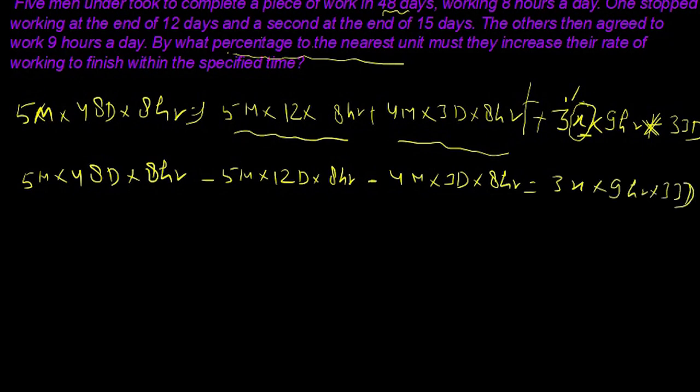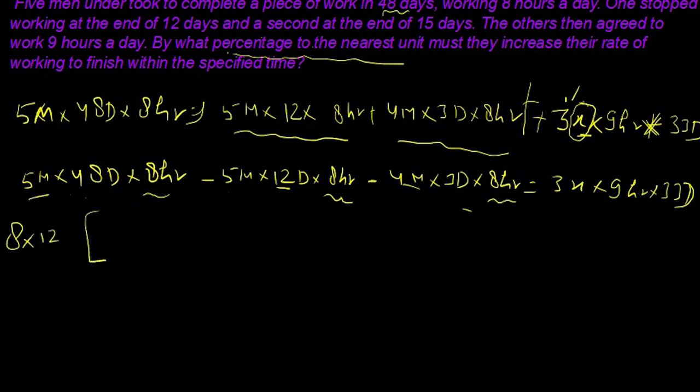Okay, now we can take common factors. As I already told you, in the MDH pattern, there are always things that are common. So let's take 8 common. Then 5 is there, 48 is there, meaning 12 is also there, and in 4 also 12 is there. So let's also take 12 as common.